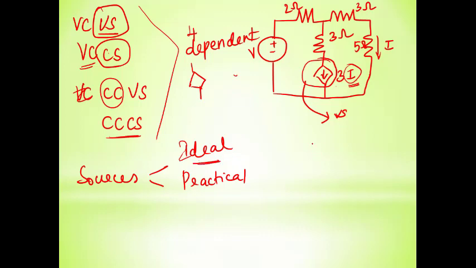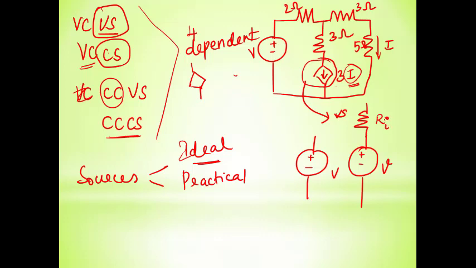An ideal voltage source, let it be represented by plus minus and V, whereas a practical voltage source is going to change, the value is going to change. The voltage source will be having an internal resistance, and that internal resistance will be represented in series for a voltage source. This is the internal resistance of the voltage source, whereas for the current source, this practical current source internal resistance will be represented by a parallel resistance.